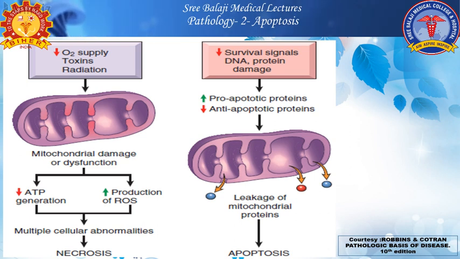Toxins, radiation, reduced oxygen supply, ATP production is defeated, and production of reactive oxygen species, which you all learned already. But here we saw apoptosis: decreased survival signals, release of pro-apoptotic proteins, decrease of anti-apoptotic proteins, mitochondrial cytochrome C release, caspase activation, and apoptosis.